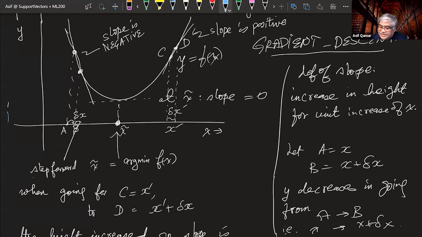Suppose you are at A. Your goal is to go home, to find the optimal point. So suppose you are at A, and this is the error. In which direction should you go to decrease the error, decrease the y? Should I go in the positive x direction or negative x direction at A?